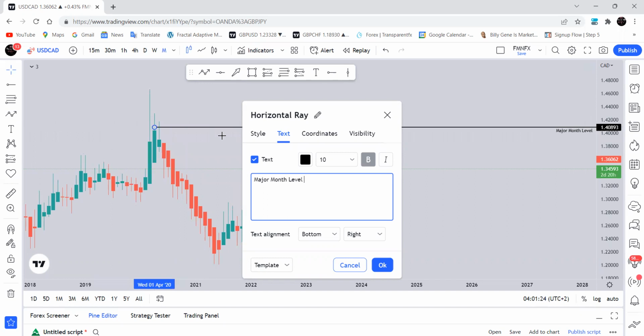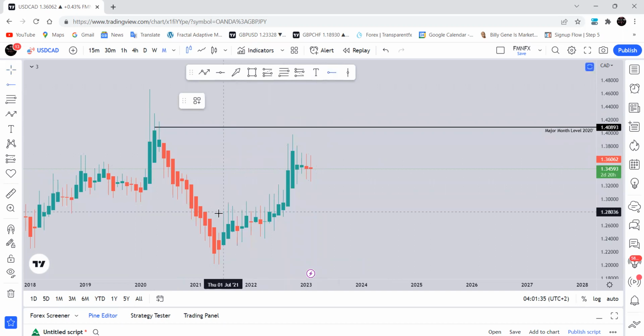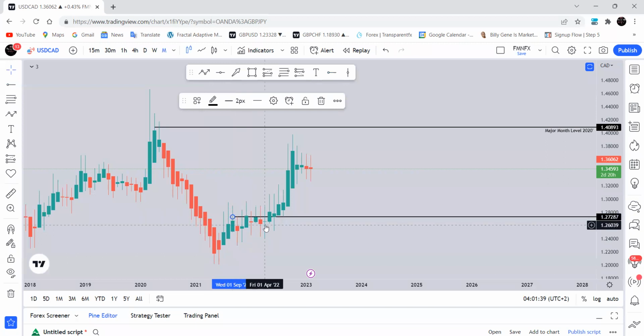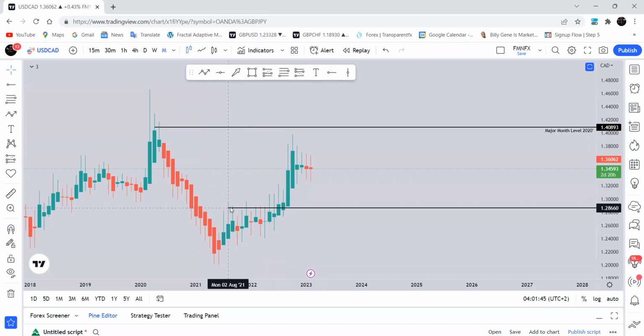I chose from 2020. Okay, we have a clean break of structure, which I love. Very clean down here. Price broke, tested, and then pulled off. Good stuff.